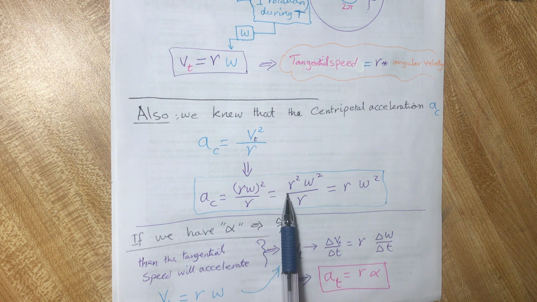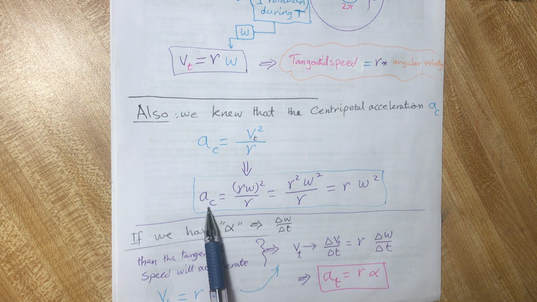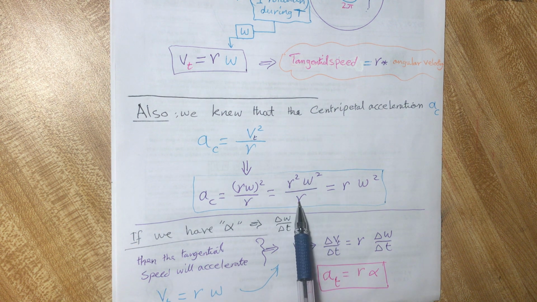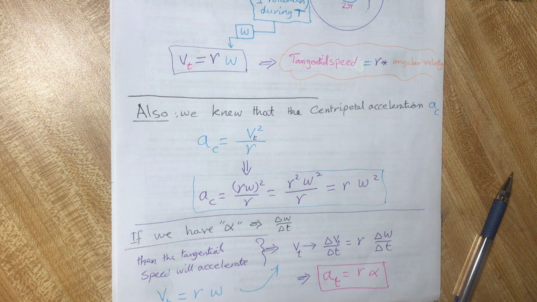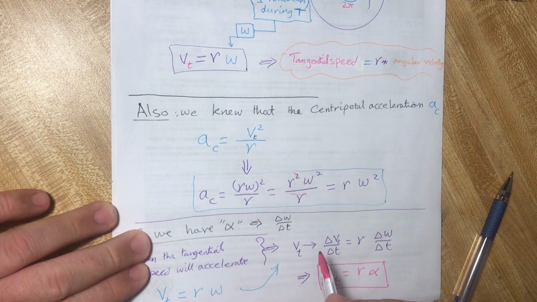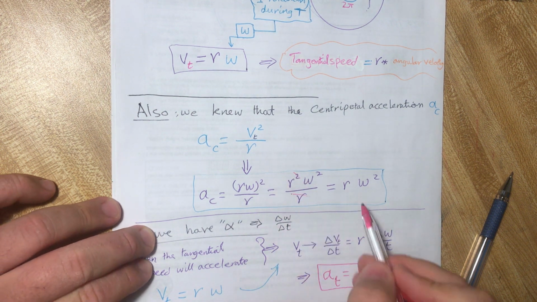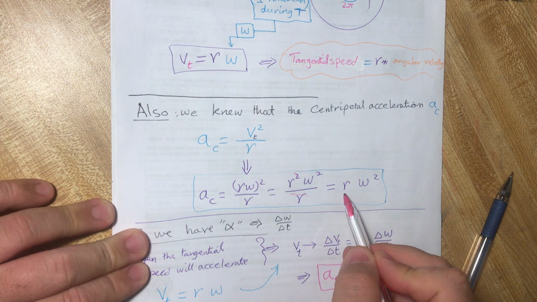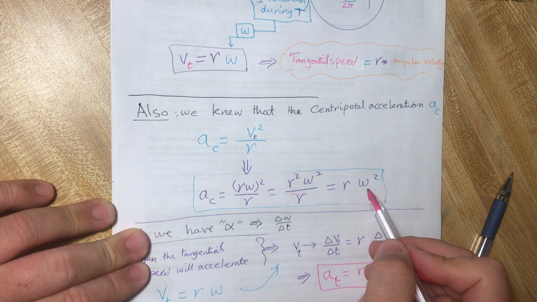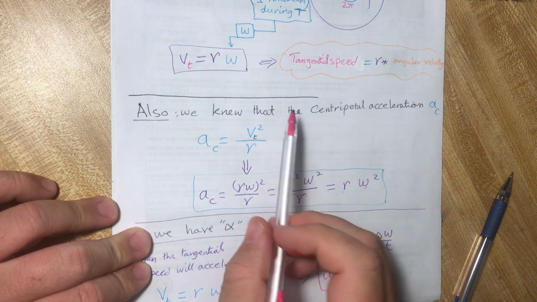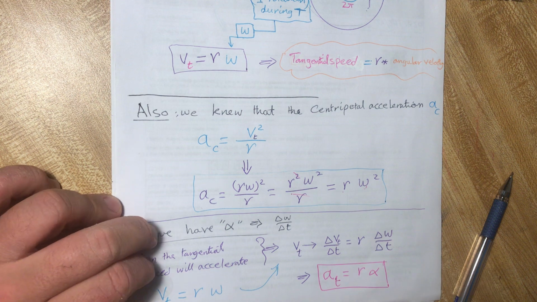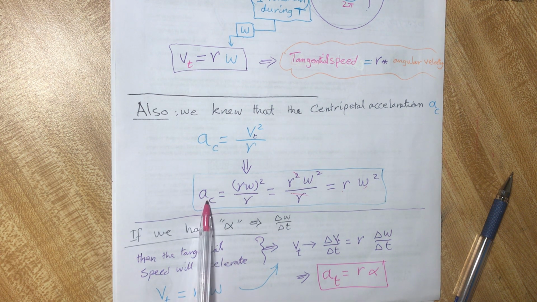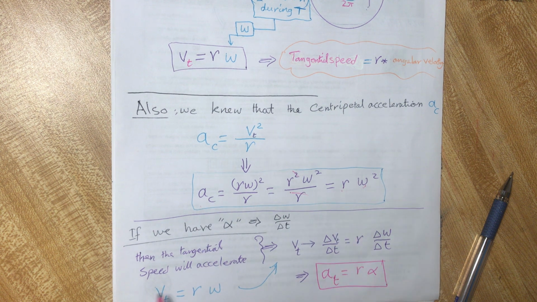The centripetal acceleration is equal to r squared omega squared over r. We can cancel one of these r's with the other, since we have two r's here. Then the centripetal acceleration will be equal to r multiplied by omega squared. Omega is the same omega that we know. Okay, so now we have found the centripetal acceleration in terms of r and omega.